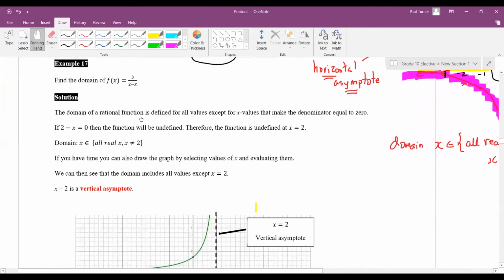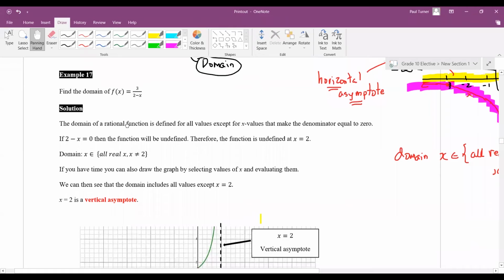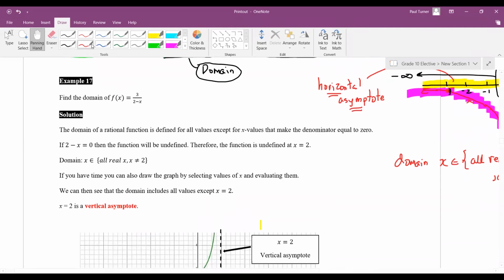let's do another one. So this is a little bit different, 3 on 2 minus x. So already we can say from the definition, so the domain will be x such that all real x except if x here is 2.